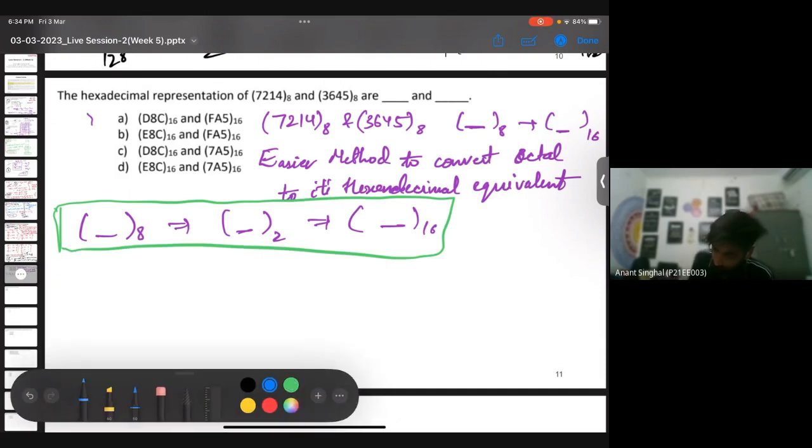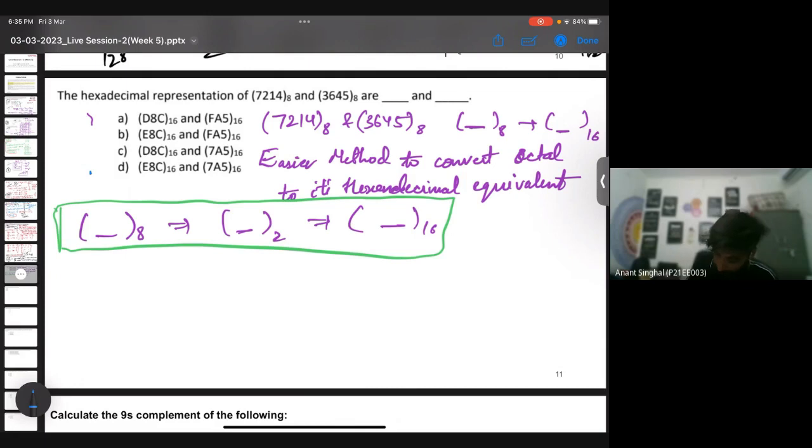So let's do one case first. The first case says 7214 to the base 8. What is the hexadecimal equivalent of this?